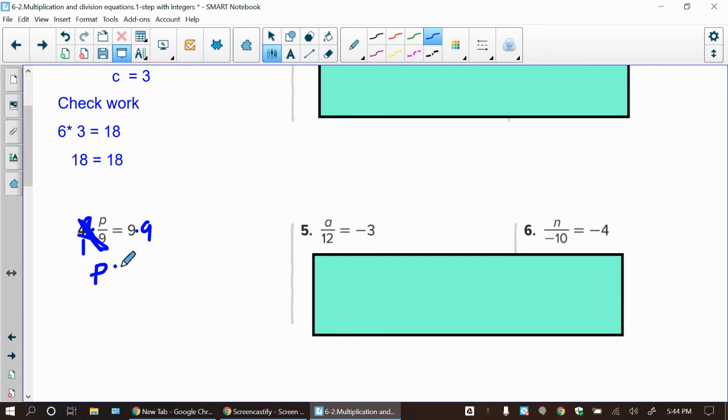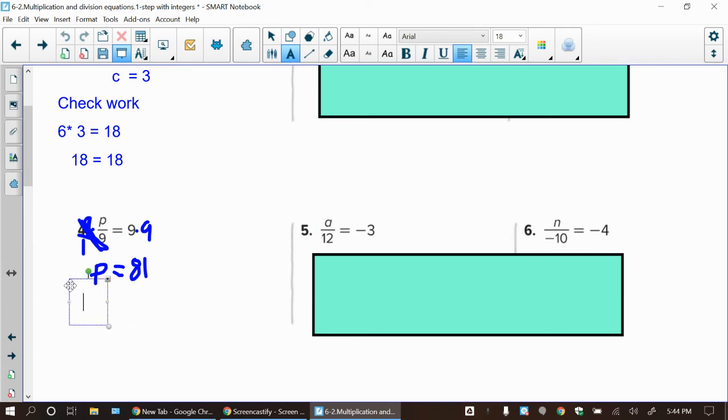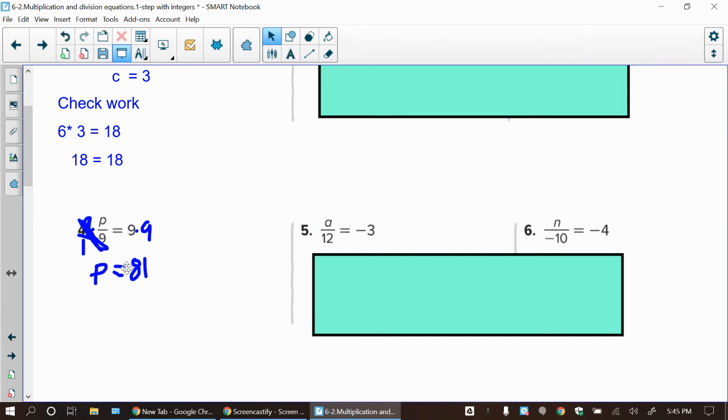And then we keep our equal sign, try to line them up the best you can. And then all I have to do is take my 9 times 9 to get 81. Okay, so then I just need to check my work. If I'm checking my work, I'm replacing p with my 81.